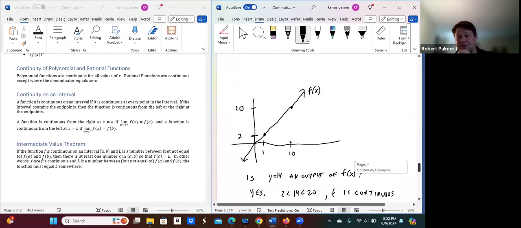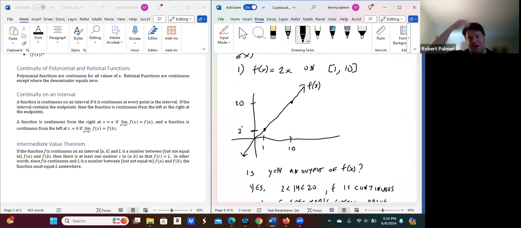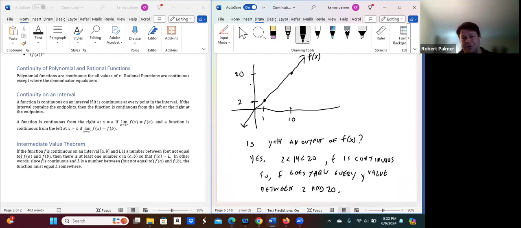So basically what this means is it's a continuous function, and my lowest input value gives an output of 2. The highest one is 20. I know I have to go through every single value between 2 and 20. So there is some input, let's call that C, that is going to give me 14. Now, in this case, it's easy to find out it's going to be 7.